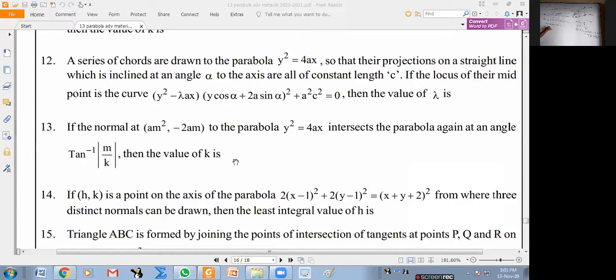AB into (cos theta cos alpha plus sin theta sin alpha) is equal to c. Tan theta is the slope. What is tan theta? 2 by (t1 plus t2), the slope of the chord. And t1 plus t2 can be written as y1 by a, so it will be 2a by y1. That's it. I think everything looks fine. I can substitute everything in terms of x1 and y1, and I should be getting the answer.